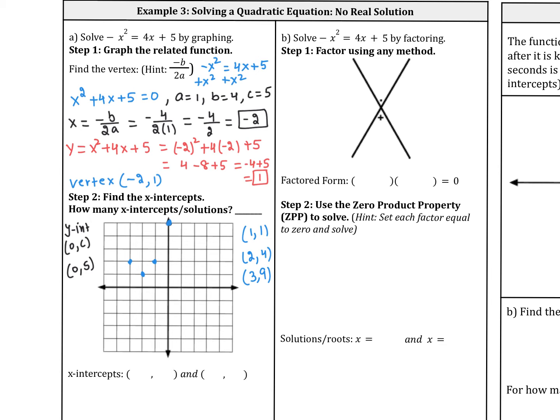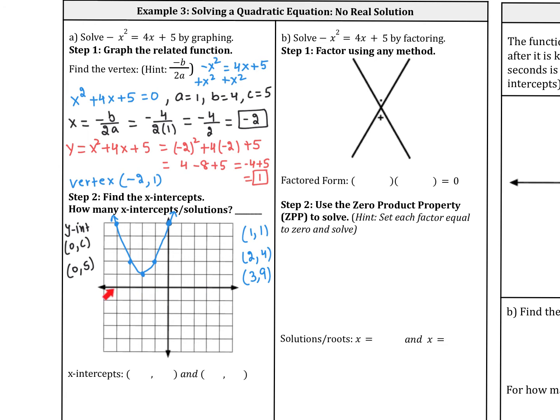All you can do is mirror this point onto the other side of the center, and that is going to be this point. Graph by connecting the points. And if you notice now, this graph is not crossing the x-axis at all.